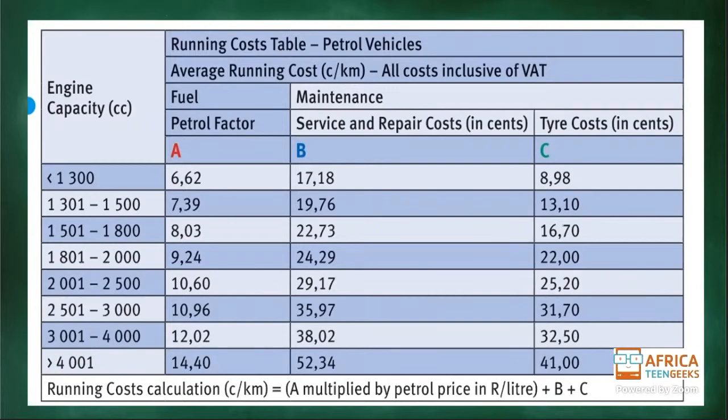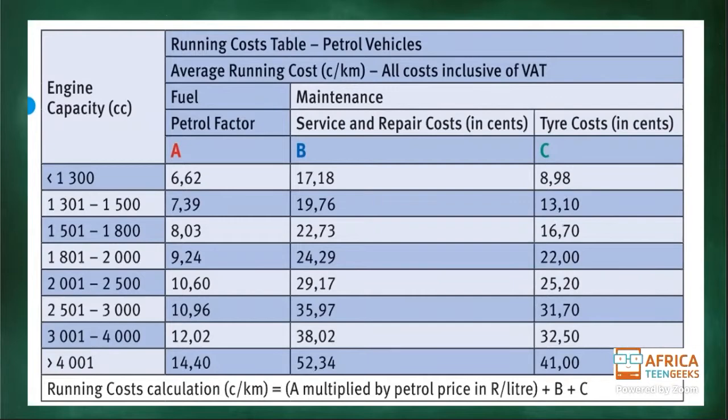And we also have other factors, such as the repairs, as well as the tire costs. And we will look at the calculations. How do we calculate these costs per kilometer? There will be a formula that we will look at as far as these calculations are concerned.